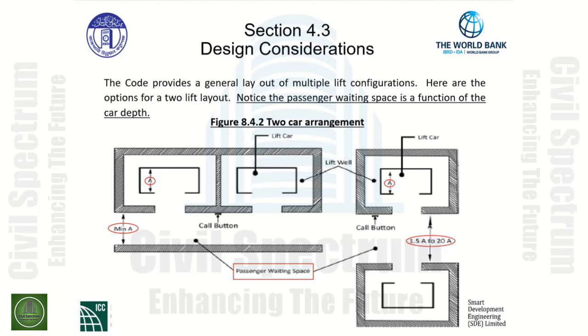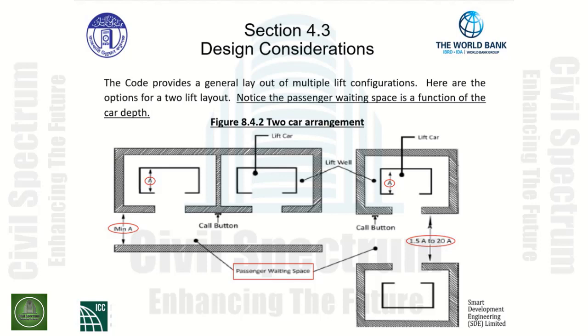The width or minimum distance measured from the lift to the wall is a function of the car depth. The car depth is given to us as A, therefore the minimum distance must be the depth of the car in this arrangement.